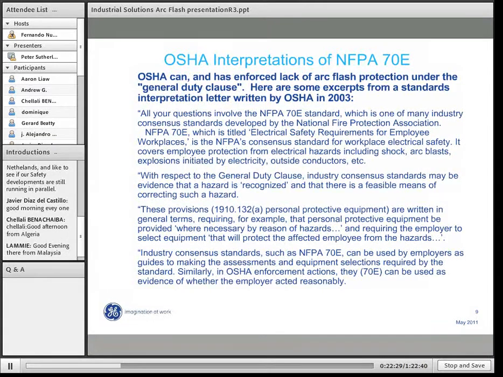And this can include various types of fines and other legal penalties. So the employer will use a consensus standard to decide how to design and maintain their electrical equipment, and the government officials will use the standard to see if the employer has taken proper actions to protect employee safety.